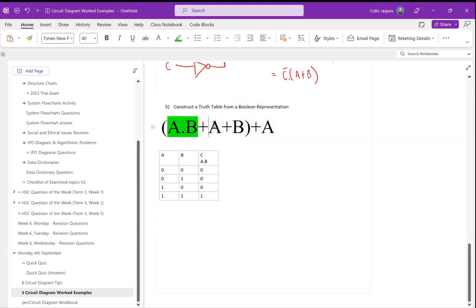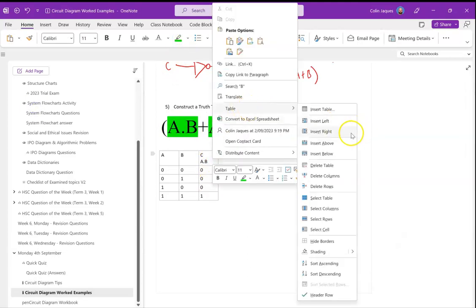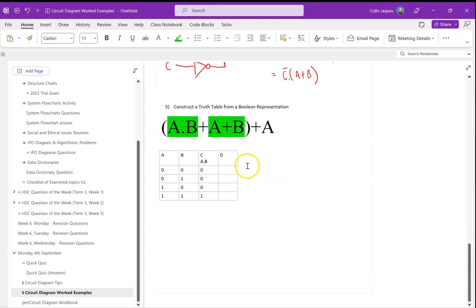No, the best way to do them is left to right, right to left. And what I mean by that is we're going to do this one, then we're going to do this one as our next input. So that's going to be a D, but in this case, it's going to be A plus B. And if we do A plus B, we'll know a regular OR gate will look something like this.